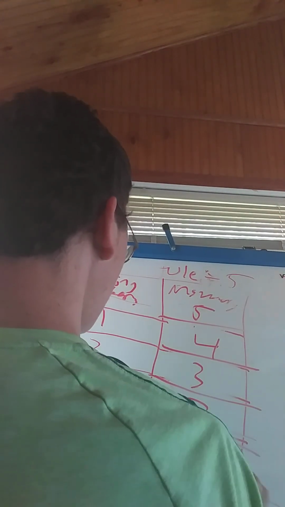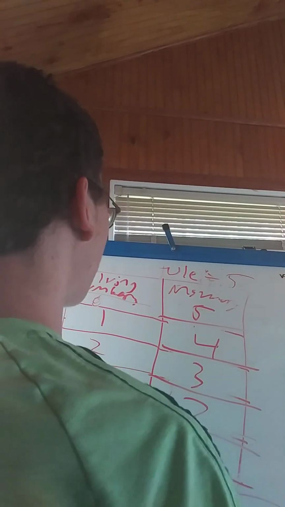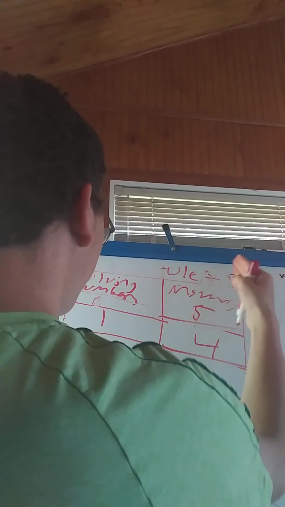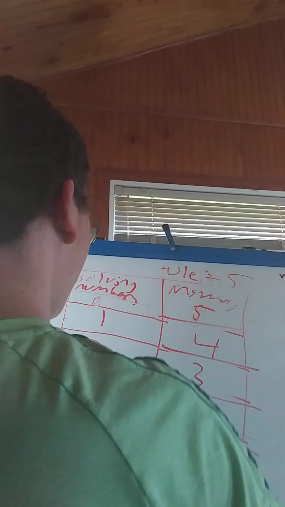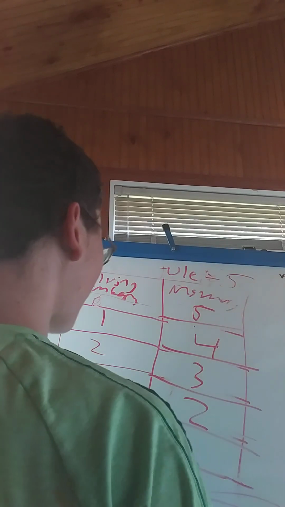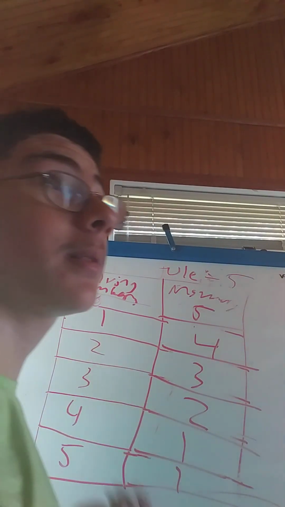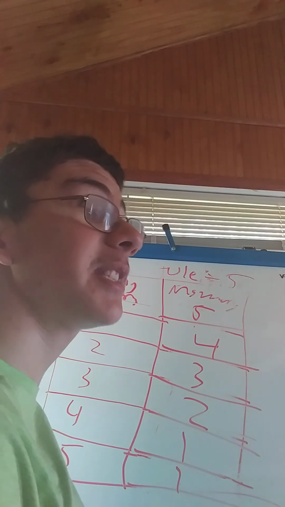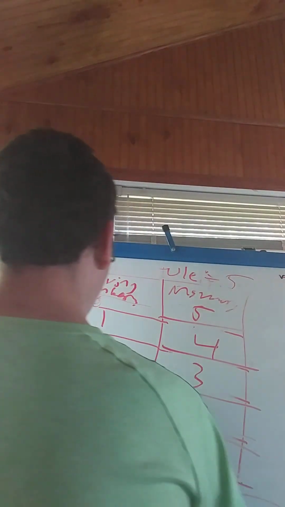So 5, 4, 3, 2, 1, and then 5 minus 5 is 0. Can you see this? Alright, so that is that.